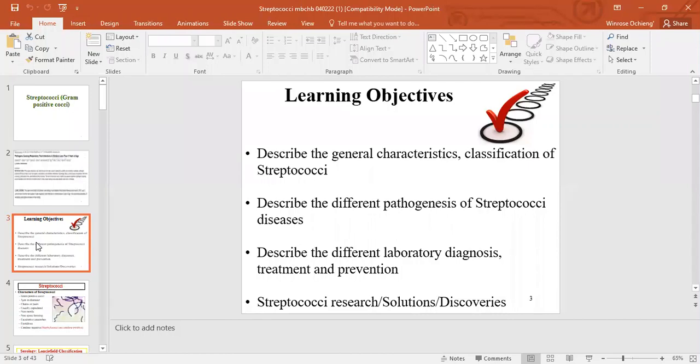Then laboratory diagnosis, which will be taken very well in the laboratory, treatment and how to prevent. We also know this is an area where we are doing a lot of research, so we need to understand more as you read more journals.